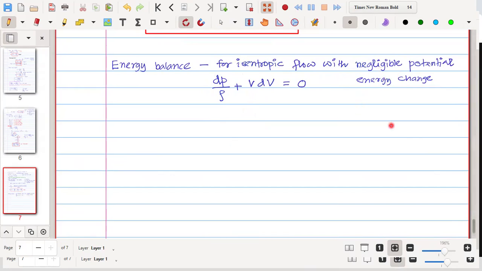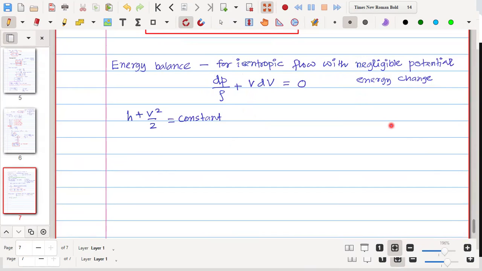So as we know, for isentropic flow through a duct without heat transfer and work done, h plus V square by 2 is equal to constant. That we have seen in the first class.